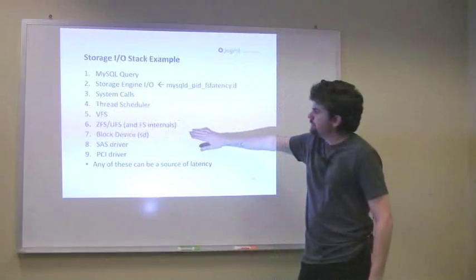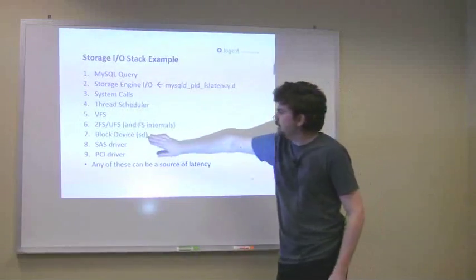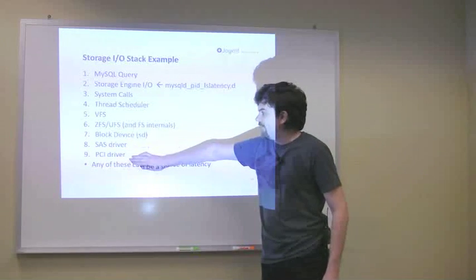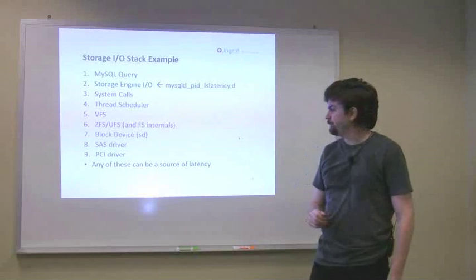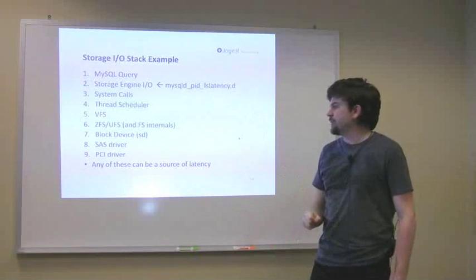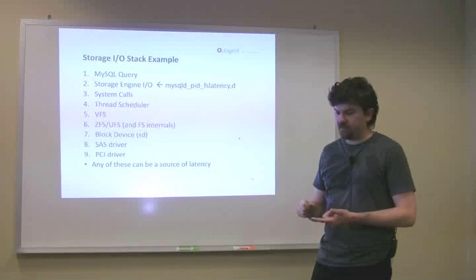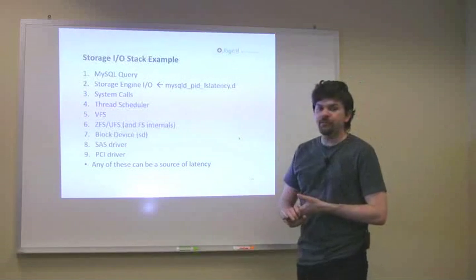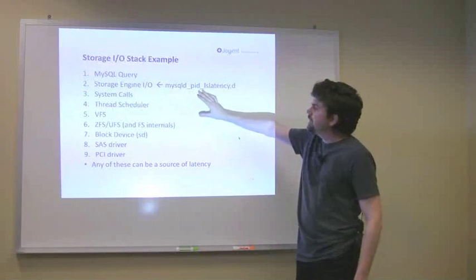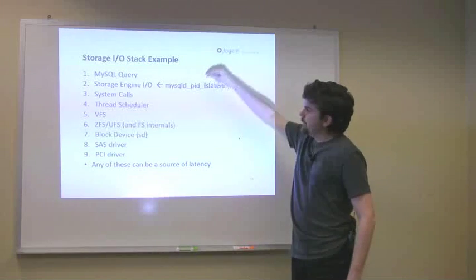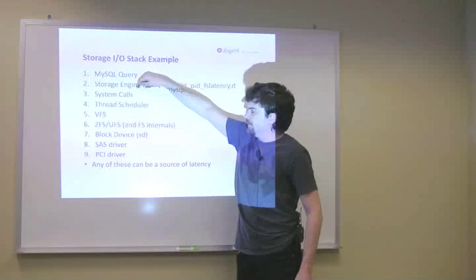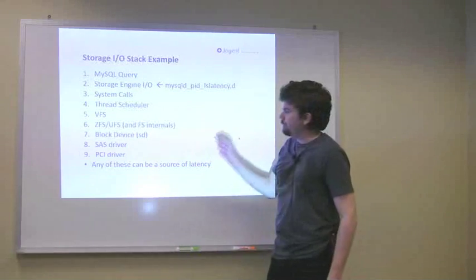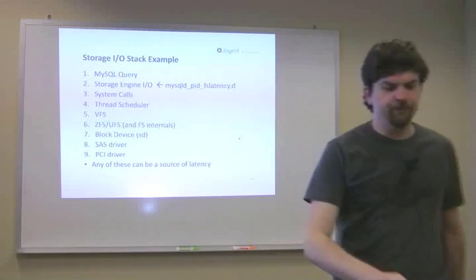VFS, virtual file system, specific file system latency, block devices, sd for Solaris, SAS driver, even down to the PCI driver. Any of these can be a source of latency, such as queuing, software bugs, load, contention, locks, and with DTrace, if I had a serious latency issue, I can drill down until I pinpoint where that's originating from.